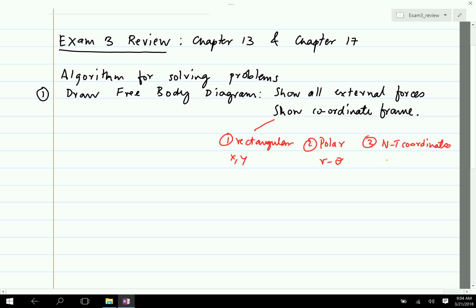The best way to figure this out is you will see an arc length S somewhere. Or another way you can distinguish n-t coordinates is you're told to find a_t, a theta, or a_t and a_n. Or another way is you will be given an equation of the curve. X squared plus y squared equals r squared is an equation of a circle. So you'll be given one of those three things.